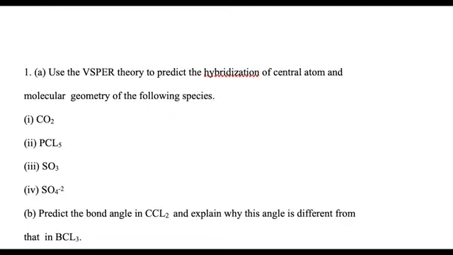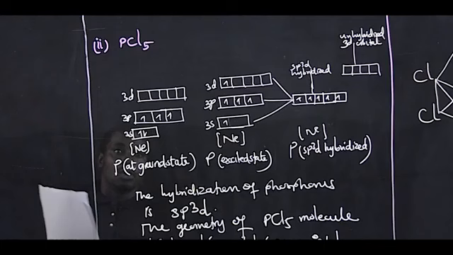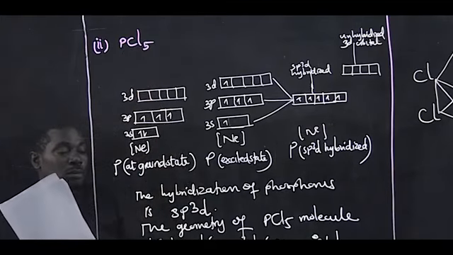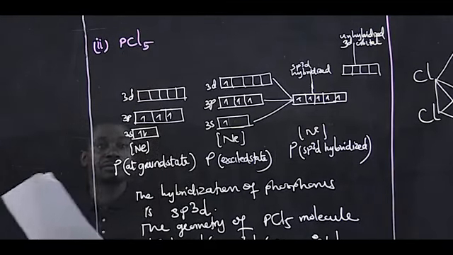Question 1A, Roman number 2, phosphorus pentachloride. Predict the hybridization of the central atom, which is phosphorus.